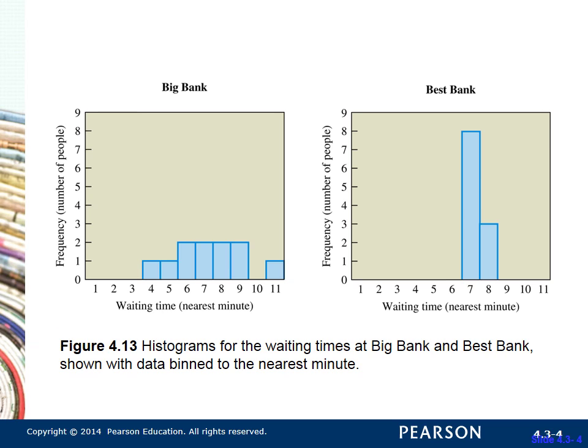If we take a quick look at a histogram here, my waiting time for the Big Bank is on the left, and my waiting time for the Best Bank is on the right, and they show our binned data. So the waiting time for the Big Bank is more spread out. It has a bigger variation than the Best Bank, where everybody is clustered about the same number because they're consistently just getting called to the next teller.